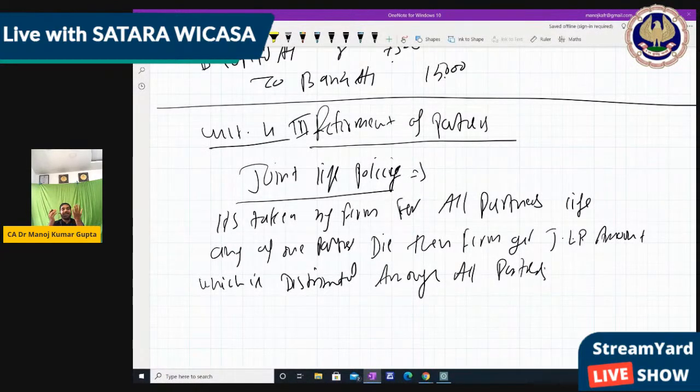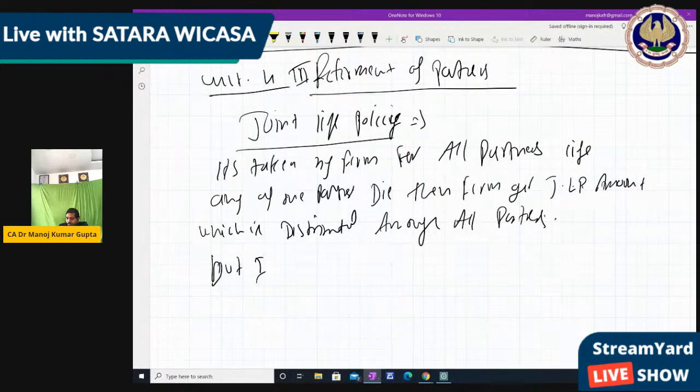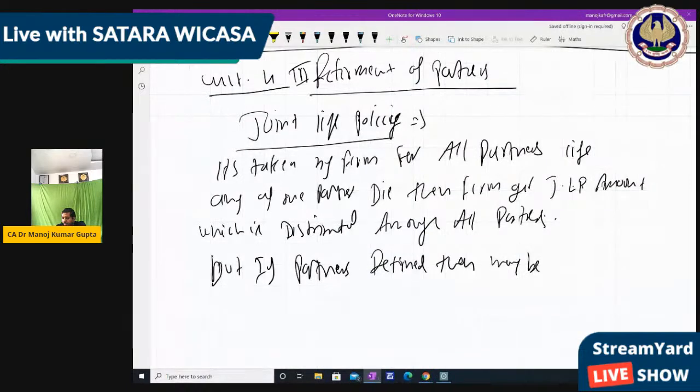Once any partner dies, we receive the insurance policy amount. But if a partner retires, then it may be surrendered, otherwise it may be cancelled.